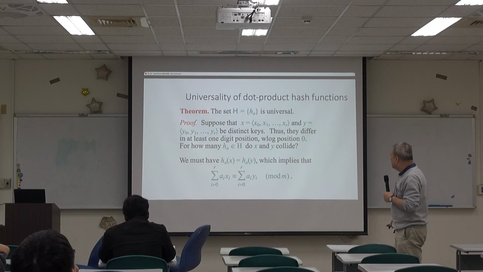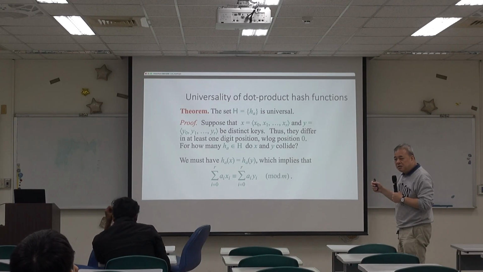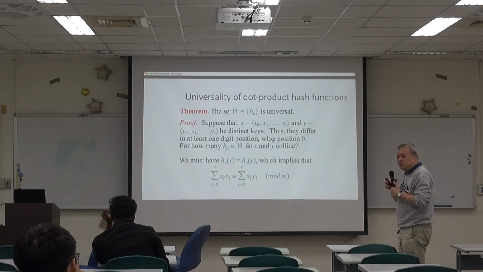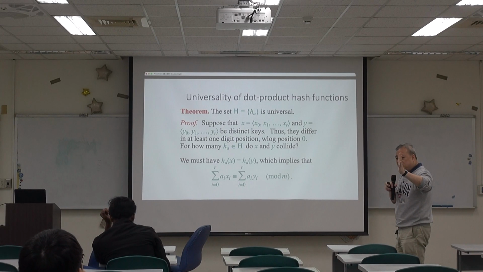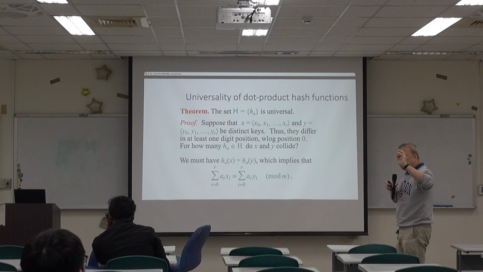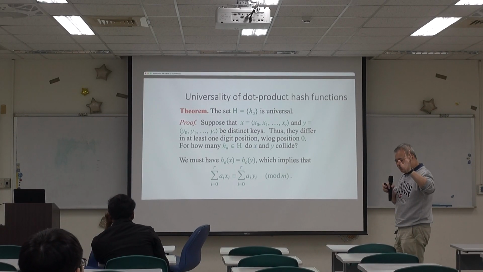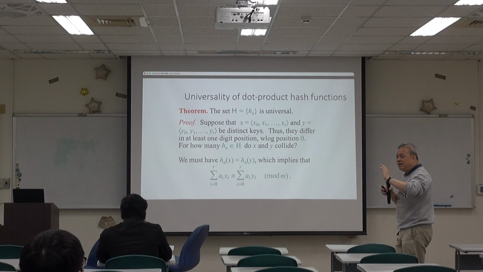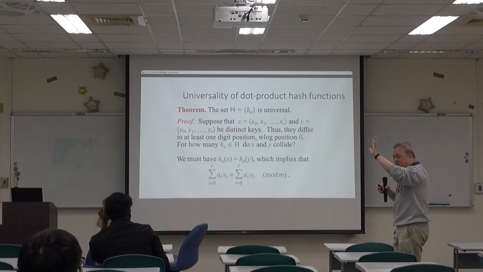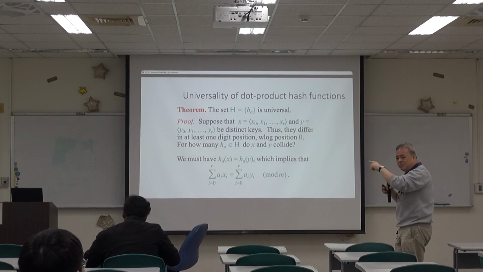Universal means that if you have two keys, the number of hash functions from this capital H that make these two keys collide with each other is bounded by the size of capital H divided by n, right?